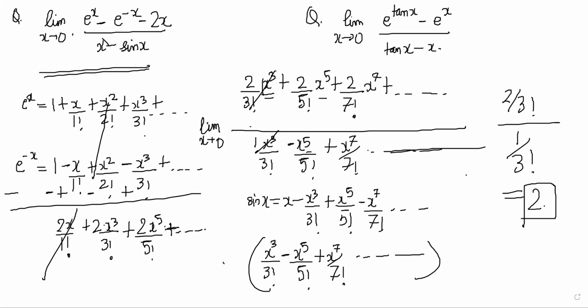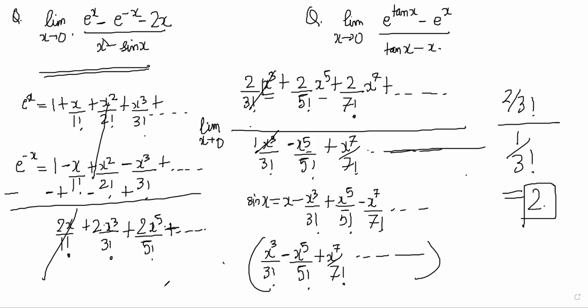So here again, knowing the series expansion is useful. If you look at the next one, for example, next one is this one: limit x tends to 0, e power tan x minus e power x by tan x minus x.